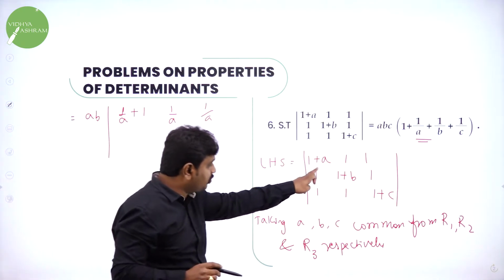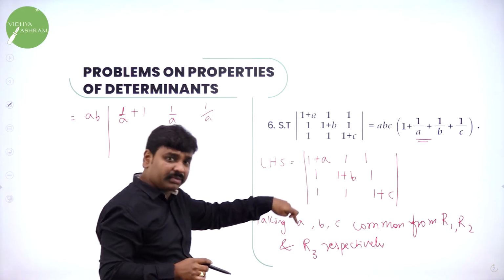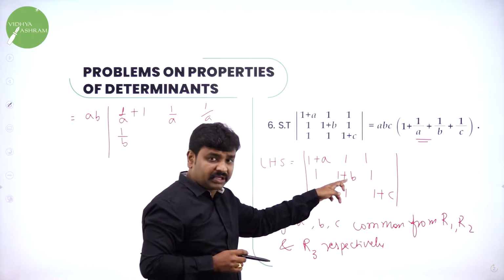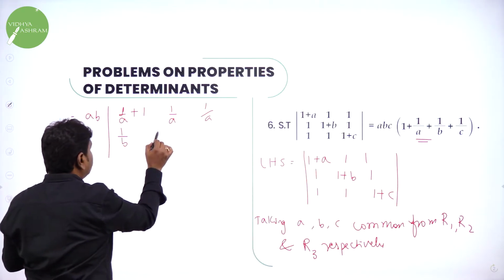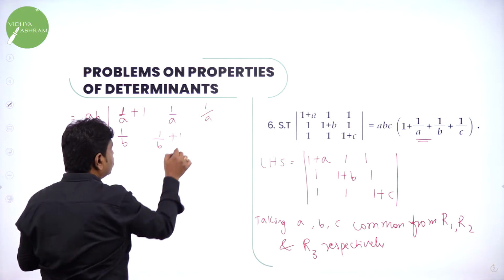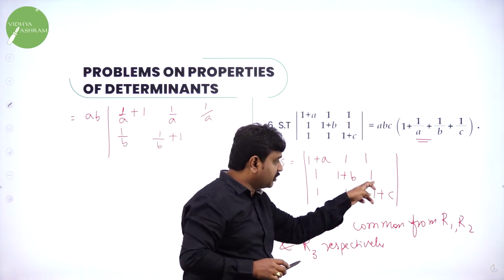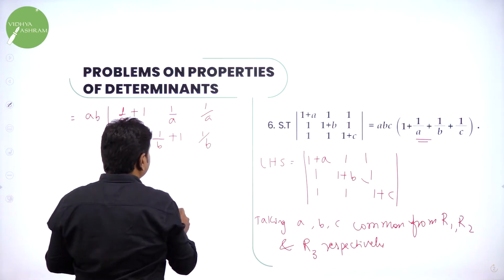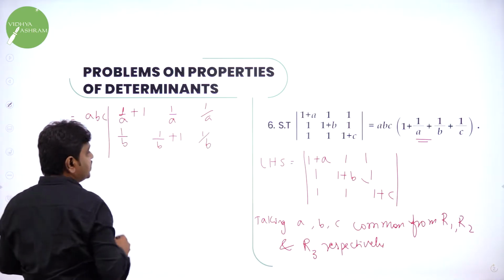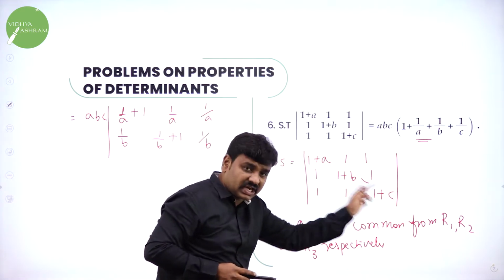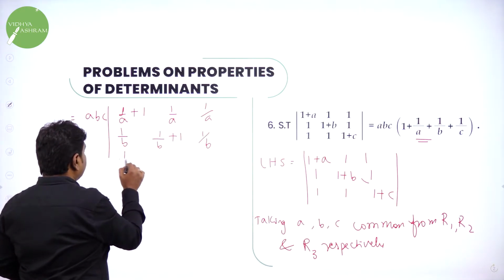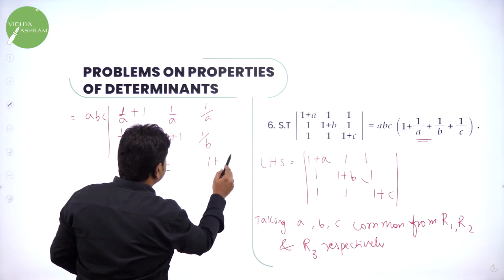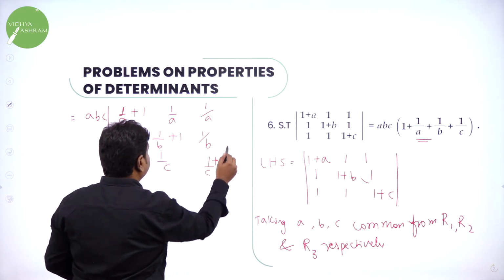Here there is no B, so it will become 1 by B. Now here also we don't have B, so if I take B common, it will become 1 by B plus 1. And here I am taking B from this, so it will become 1 by B. And from the last row you take C common. If you take C common, it will become 1 by C, 1 by C, and 1 by C plus 1.